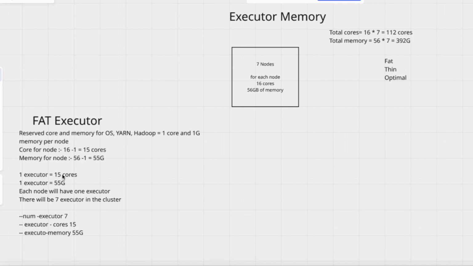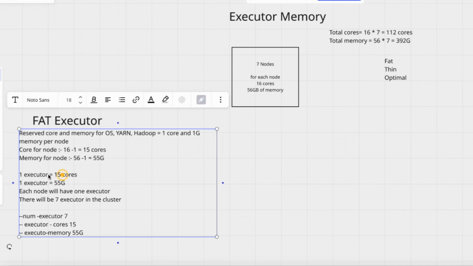If there are multiple cores in an executor, then multiple tasks inside each executor can work in parallel, because for each task you need one core. So in our case, one executor has 15 cores. That means 15 tasks can run in parallel in a single executor. So this will give huge parallelism when you are applying the fat executor mode.